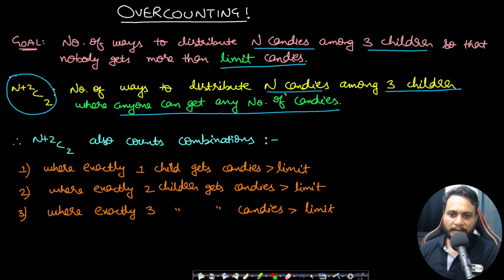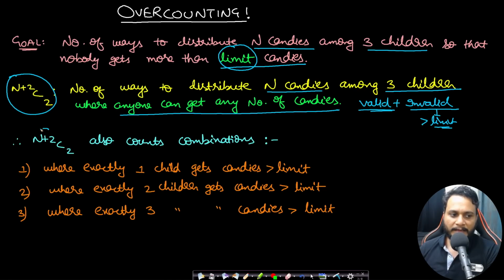Okay, so it is having all the valid counts plus all the invalid counts. The valid counts are the ones where none of the children gets candy count greater than the limit, and the invalid count indicates that at least one of the children gets the candy count greater than the limit, isn't it?